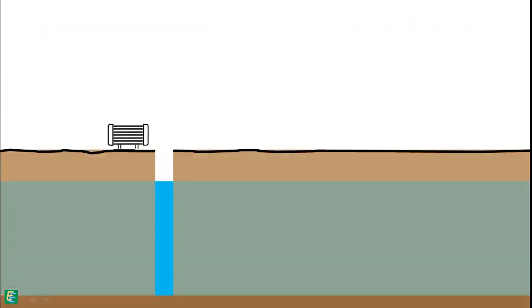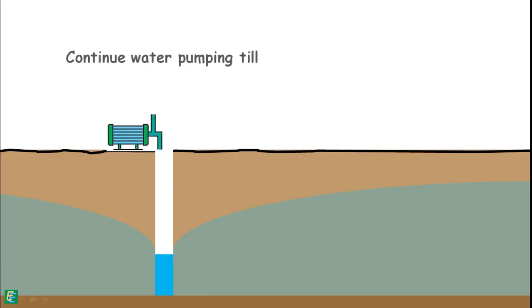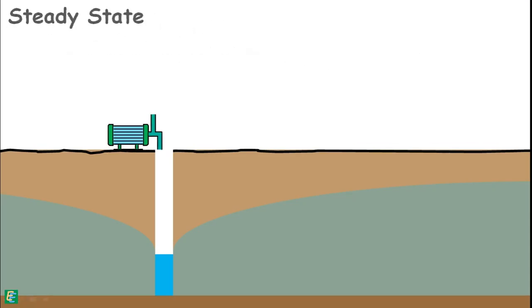Hence, when we pump out the water from the well, the water in the aquifers moves towards the well and it starts refilling it. But still, we continue the pumping of water till the steady state of flow is reached. The steady state of flow is reached when the amount of water pumping out from the well becomes equal to the amount of water refilling the well.